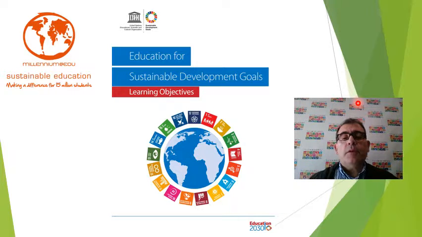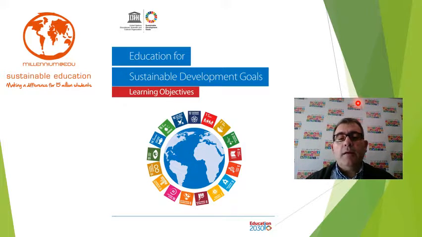And this is very important because the sustainable development goals are like a global vision for the world, and almost every country is adopting sustainable development policies. It's important to define the role of education in this process, and this document will help to position education as an asset, as a tool to achieve sustainable development in any country.